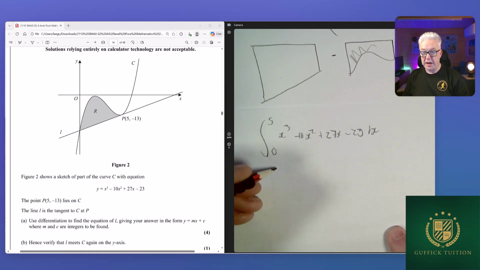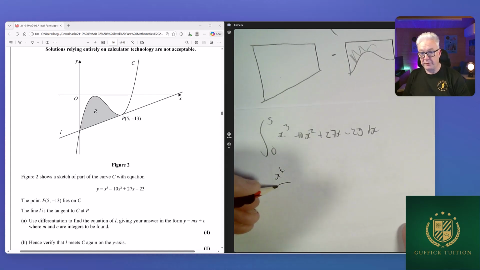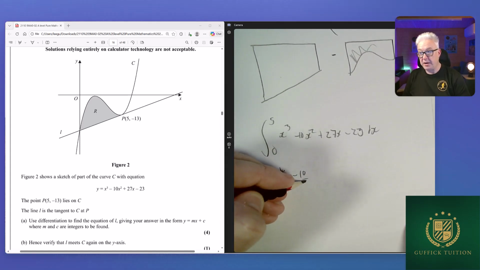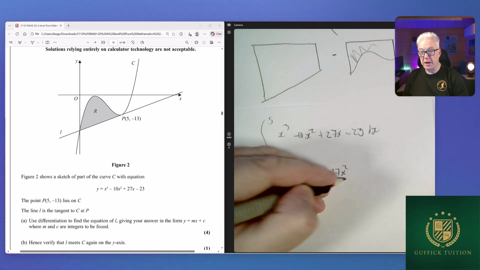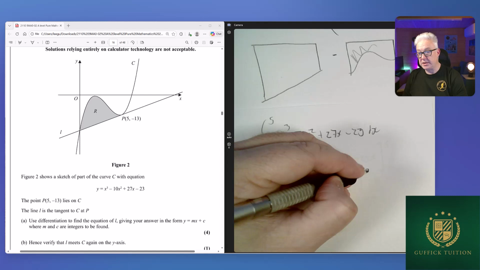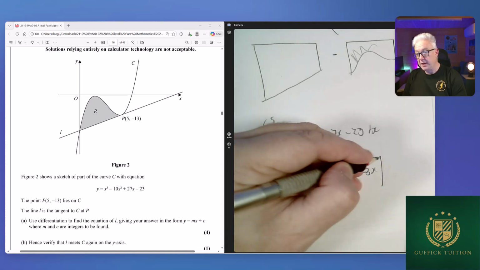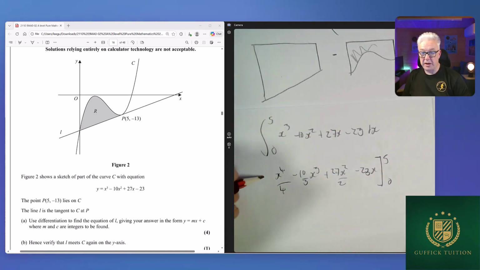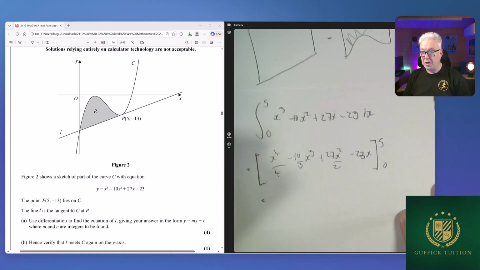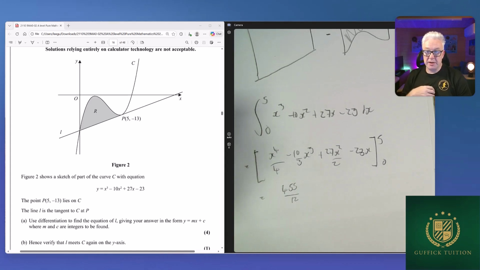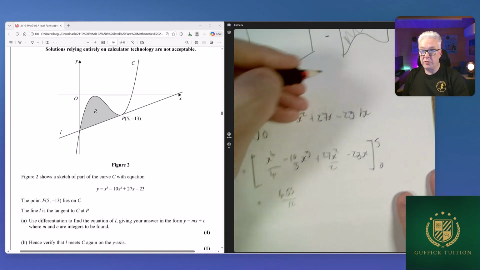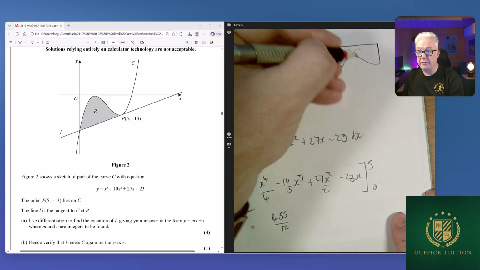That goes to x to the 4th over 4, minus 10 over 3 x cubed, plus 27x squared over 2, minus 23x, and that whole thing is evaluated between 5 and 0. To save time, when you put that into your calculator, that gives you 455 over 12. So that's the area that we should be getting for this shaded area under the curve.